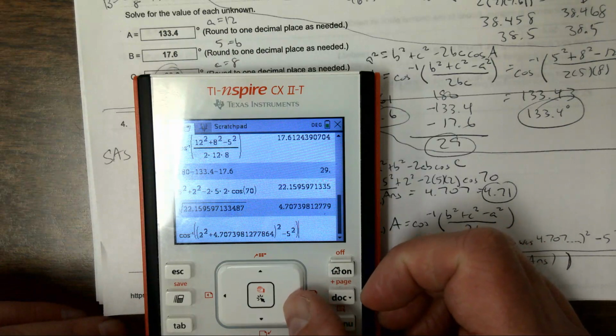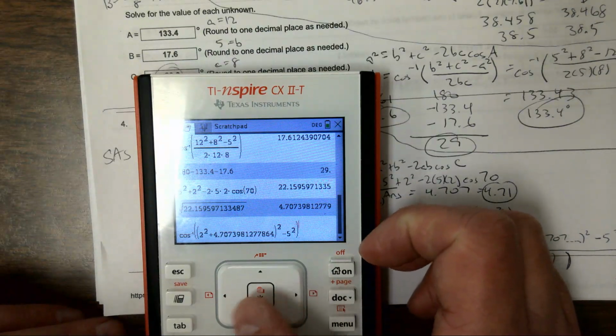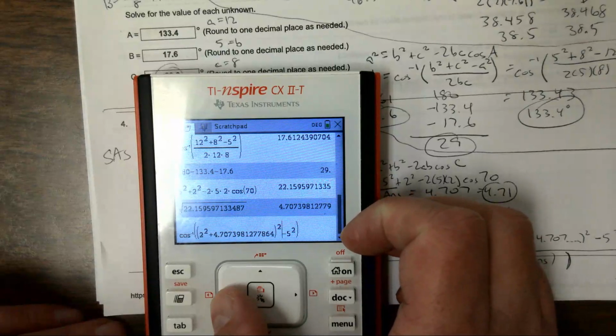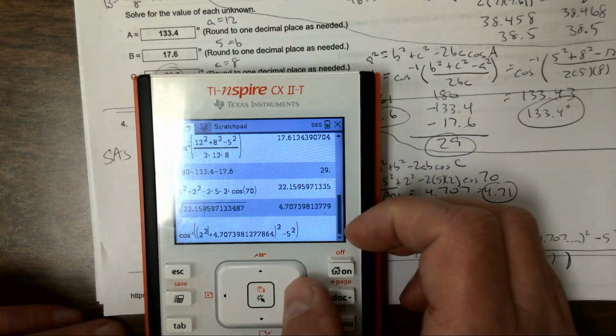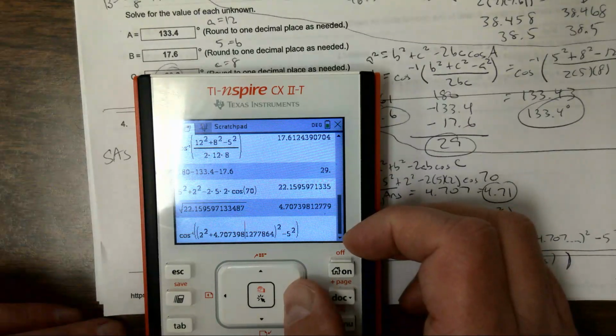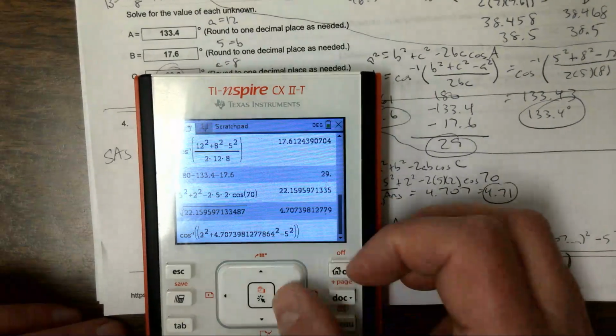All of that needs to be divided by, so I guess I need another parentheses. Oh, I see what happened. I don't need to close this one. There. Okay.